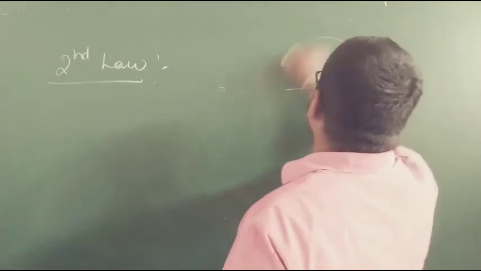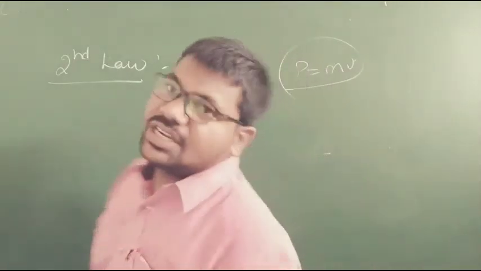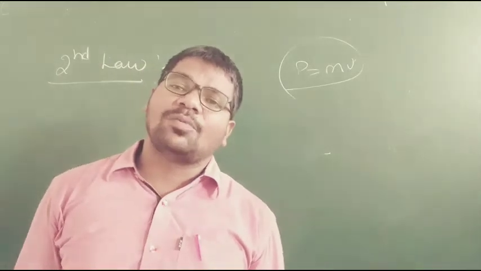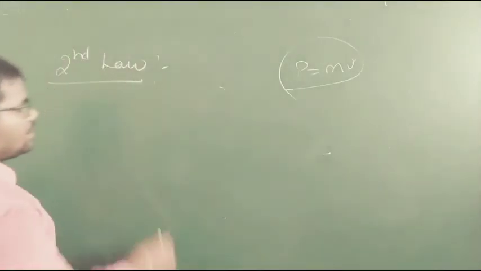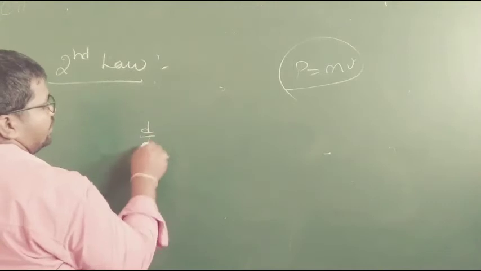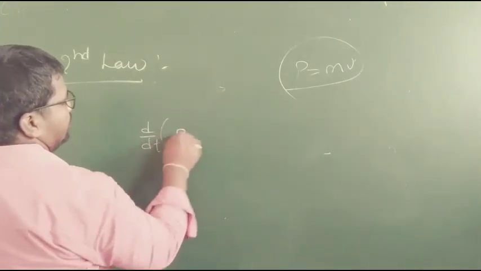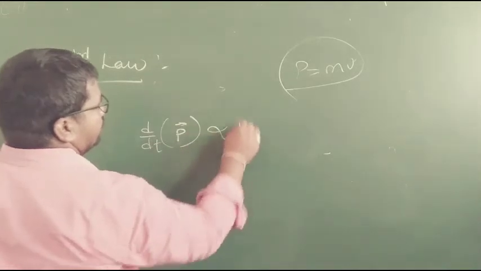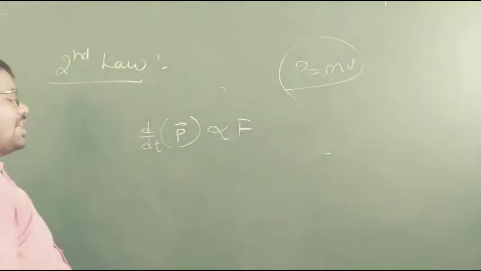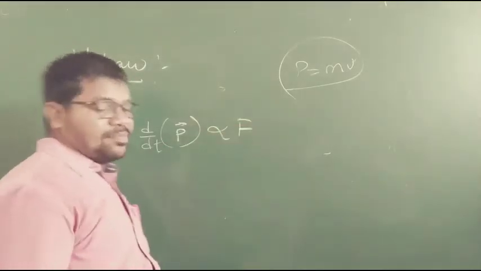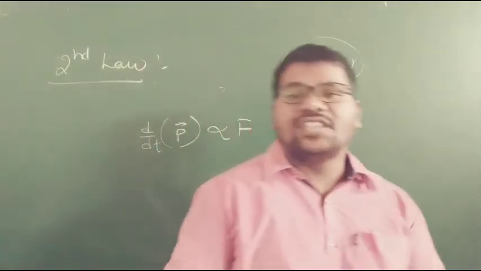According to Newton's second law, the rate of change of momentum is directly proportional to the applied force. Here dP by dt gives the rate of change of momentum. Understand, my children? P is momentum, and we take the rate of change of momentum.